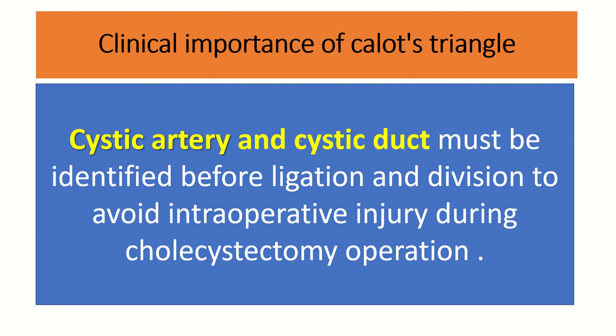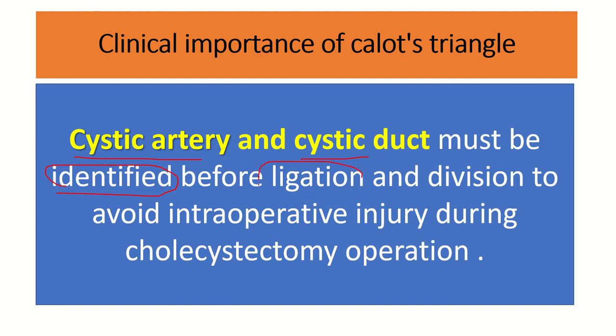It is also important because during the cholecystectomy procedure, either open cholecystectomy or laparoscopic cholecystectomy, in both cases the surgeon should be more careful to avoid injury to the different structures around the gallbladder. So here we can see, first of all, cystic artery and cystic duct must be identified and ligated.